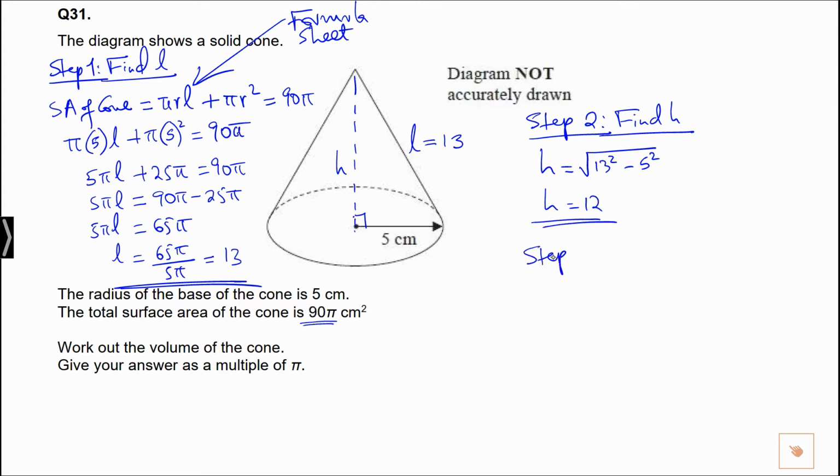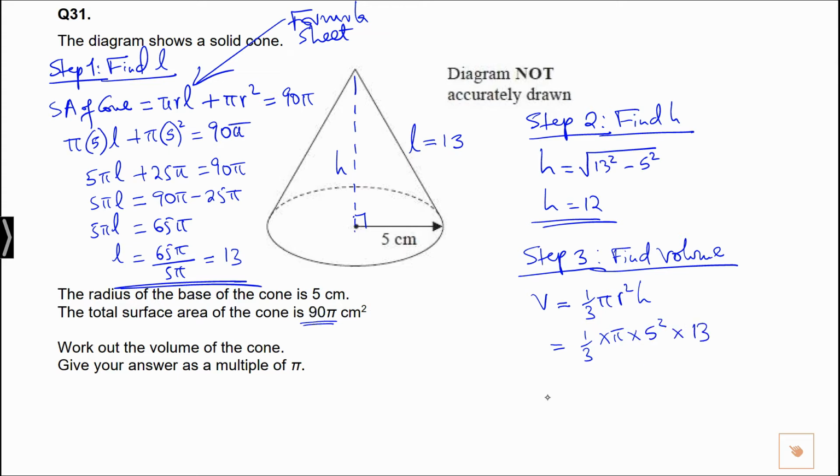Once you have the height, and because you know the radius, we can find the volume. The volume of a cone is a third pi r squared multiplied by height. So that will be a third multiplied by pi multiplied by 5 squared multiplied by the height, which is 13.